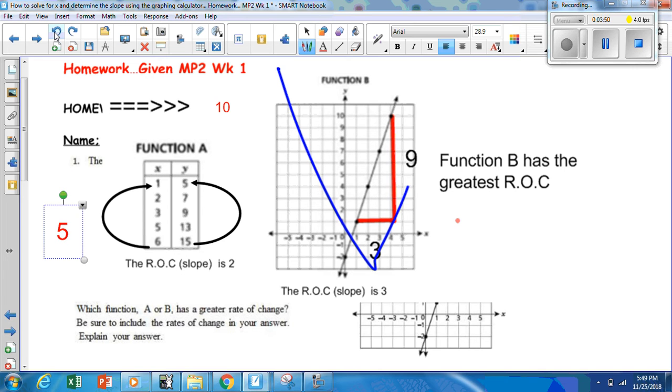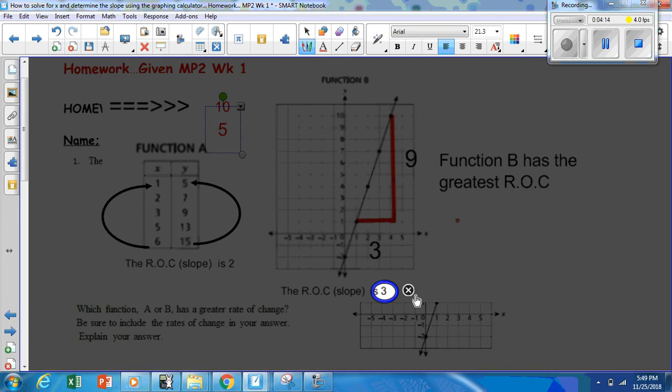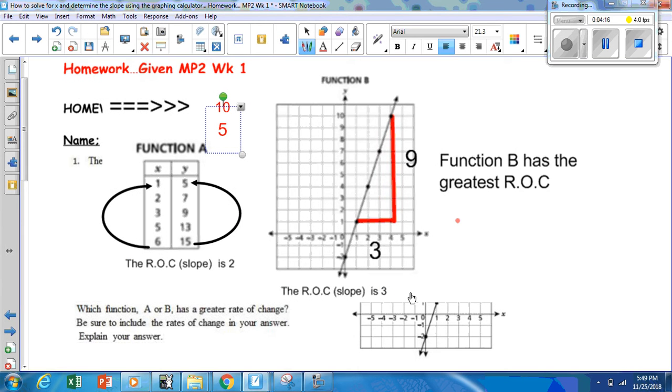With the same math in mind, y's divided by my x's, my rate of change is 3. So that's very straightforward. My answer is that my choice B is the more correct answer. Choice B. So let's put that aside. Go to the next question here.